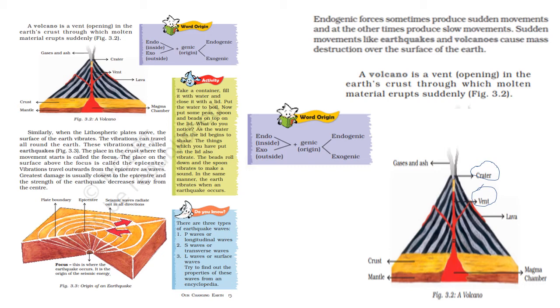Lava is the hot molten material which reaches the earth's surface. Along with this hot molten material, gases and ashes also come out.